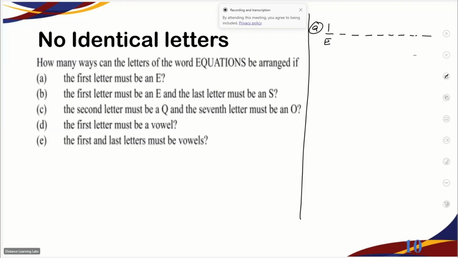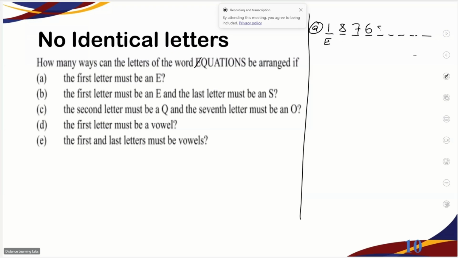We start by first filling in the restricted positions, then we can move to the unrestricted positions. E occupies the first position, meaning on the word equations, we scratch out E. We are now left with 8 letters. All 8 letters will be competing for the second position. One of the 8 occupies that, we are left with 7. One of the 7 occupies that, we are left with 6.